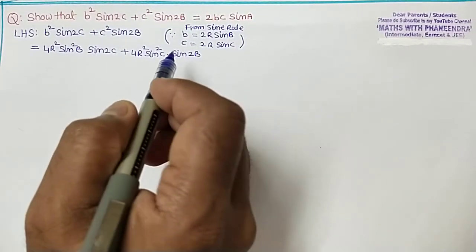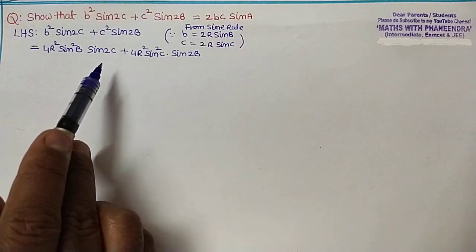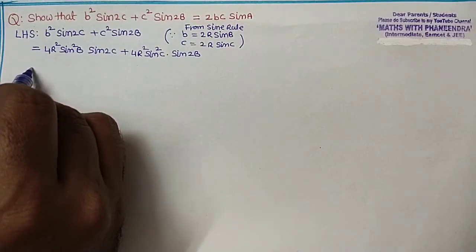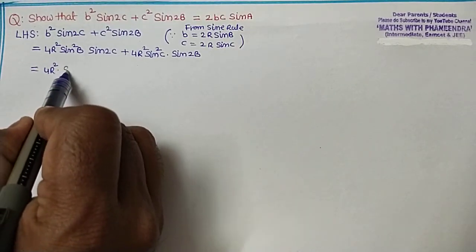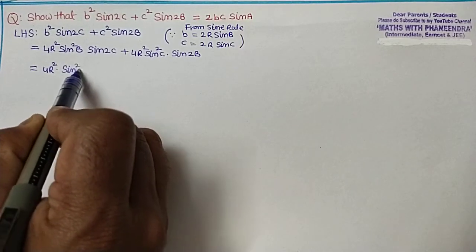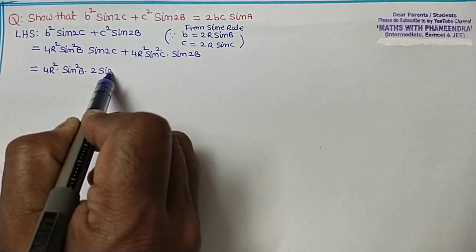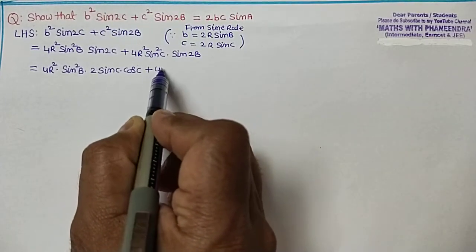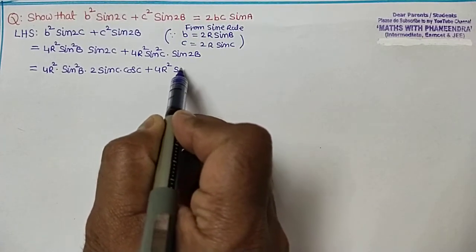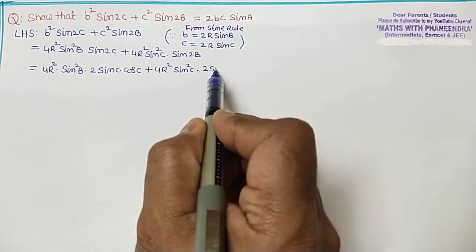In the next step, we know the formula sin 2A means 2 sin A cos A. Similarly, sin 2B and sin 2C formulas we have to expand. So 4R square sin square B into sin 2C means 2 sin C cos C, plus 4R square sin square C sin 2B, 2 sin B cos B.